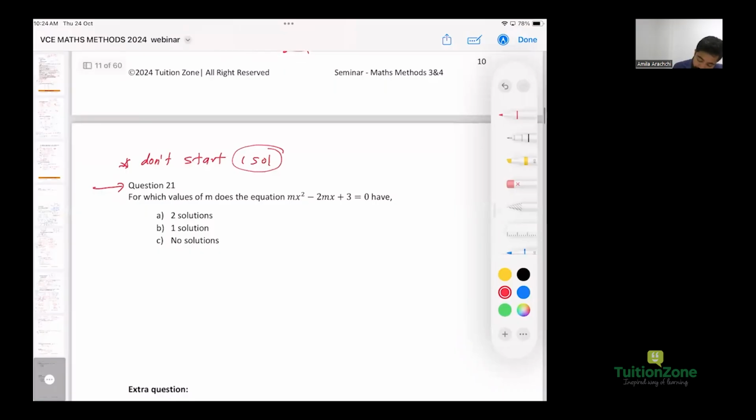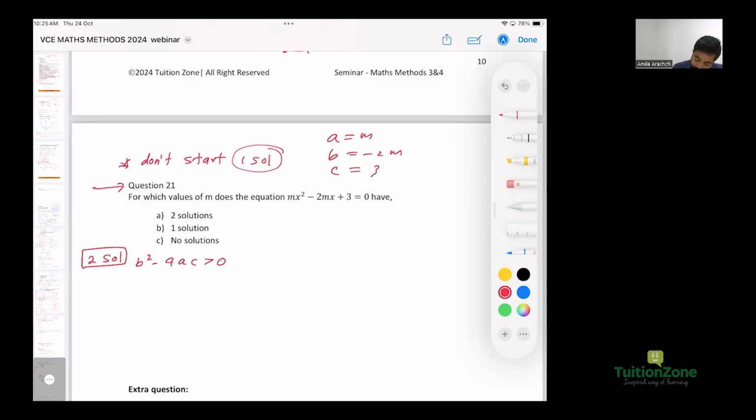To get two solutions, what's the condition? B squared minus 4AC must be greater than 0. Can you find the B squared minus 4AC for this question? A equals M, B equals negative 2M, C equals 3.